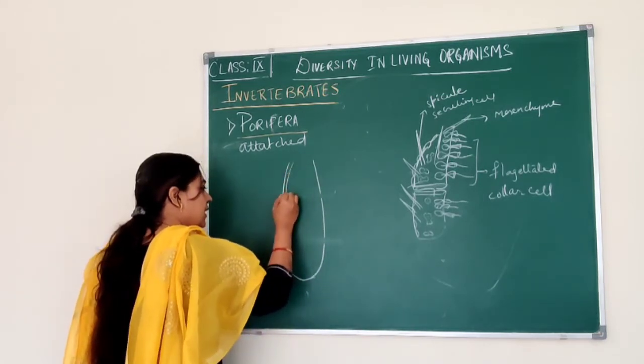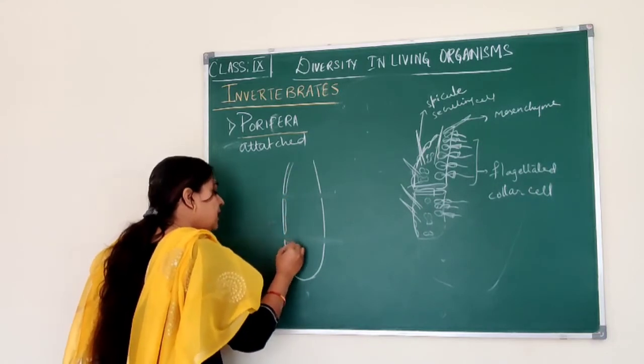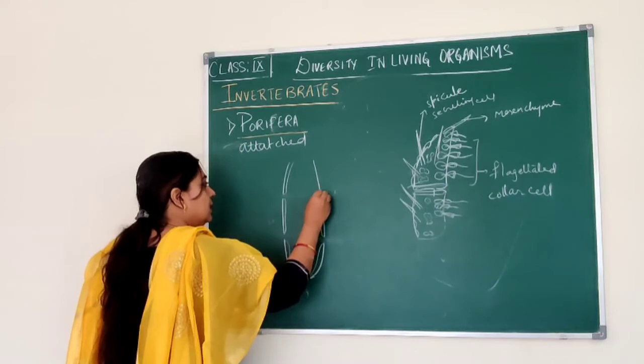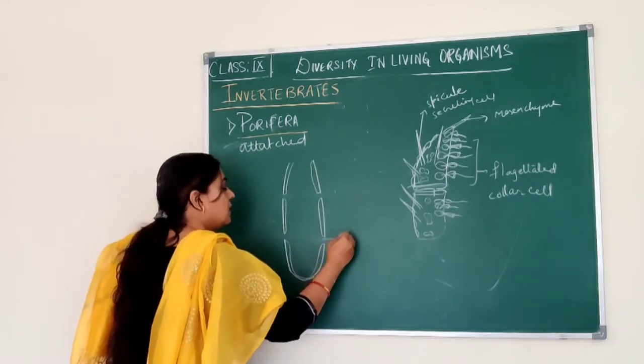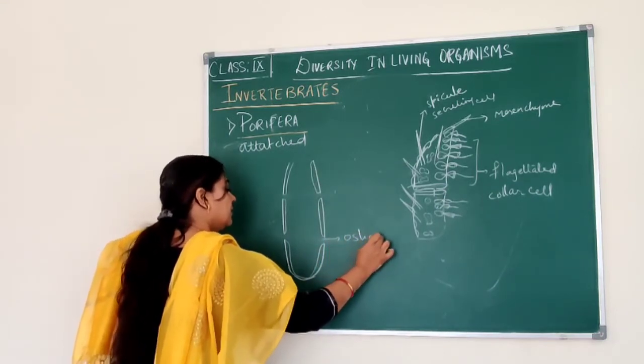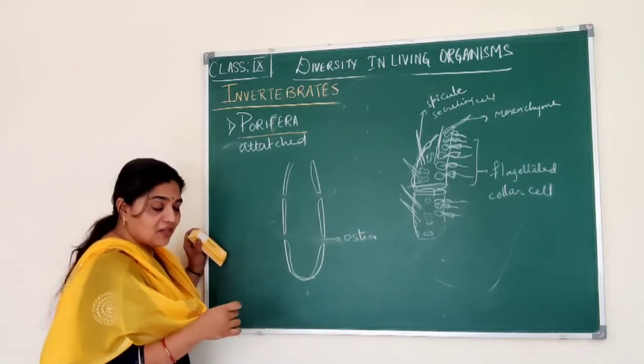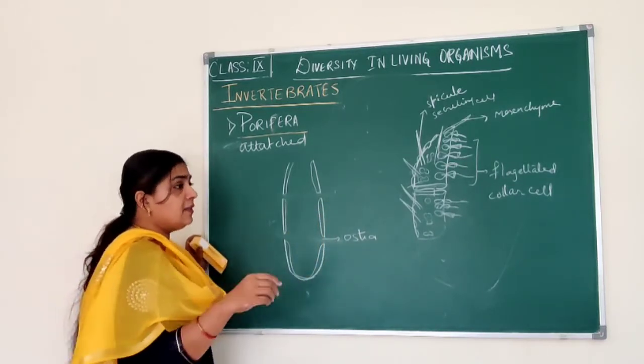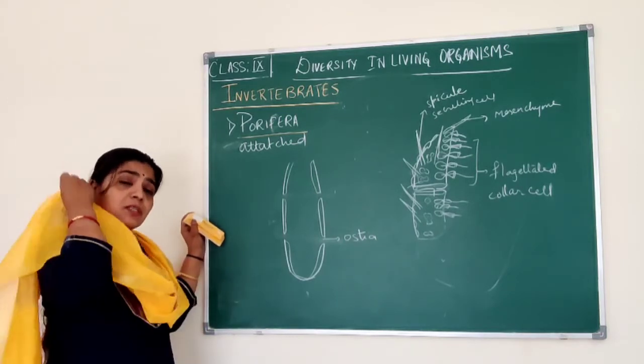Now, Sycon has these tiny pores. These tiny pores are called ostia. I told you they don't have any organs. Then how do they get food and how do they respire?